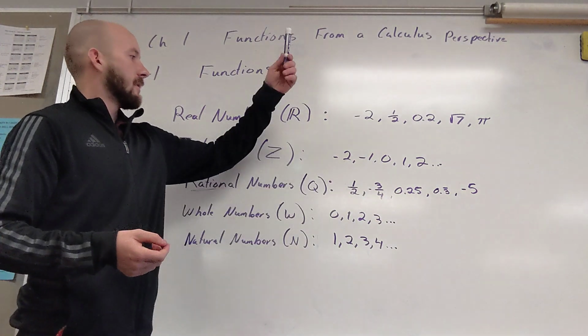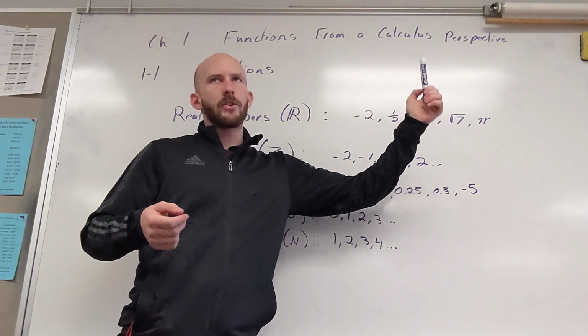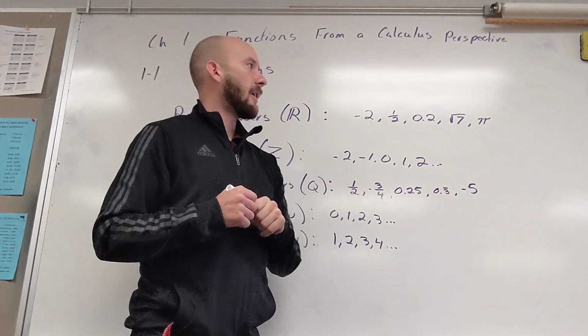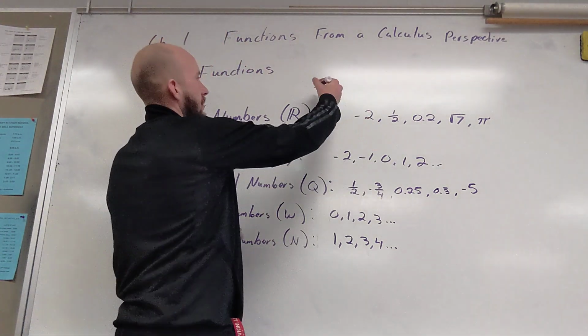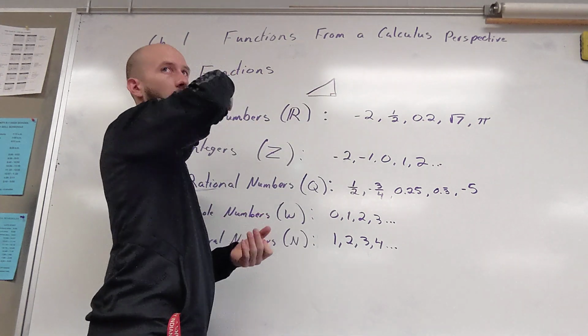And then sometime later, irrational numbers were discovered. This actually came about from triangles when they looked at the Pythagorean theorem, when they figured out how to calculate right triangles.